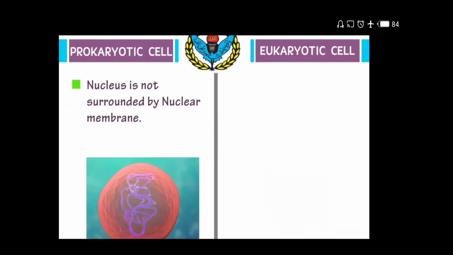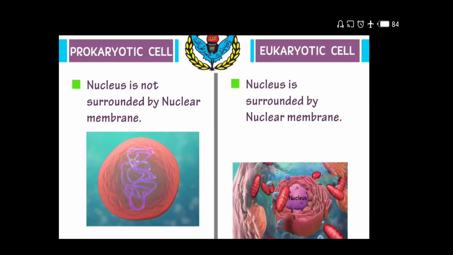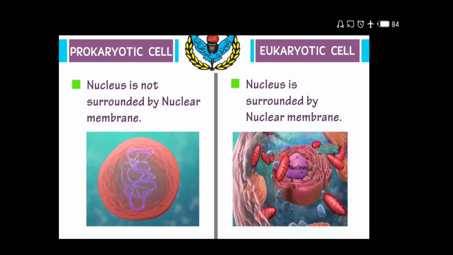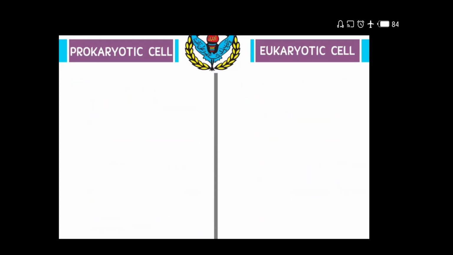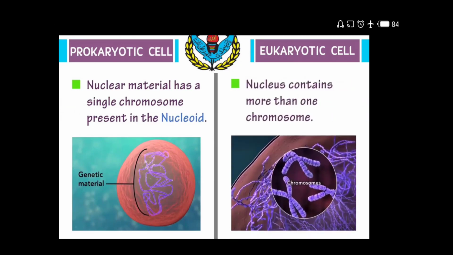In a prokaryotic cell the nucleus is not surrounded by a nuclear membrane, while in a eukaryotic cell the nucleus is surrounded by a nuclear membrane. In a prokaryotic cell, the nuclear material has a single chromosome present in the nucleoid, while in a eukaryotic cell, the nucleus contains more than 1 chromosome.